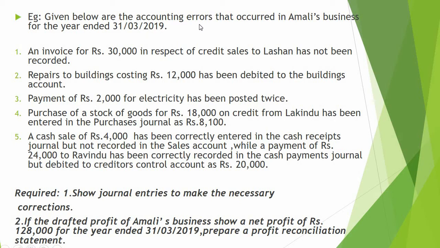These accounting errors occurred in Amari's business for the year ended 31st March 2019. And the drafted profit is calculated as 128,000 rupees for the year ended 31st March 2019.